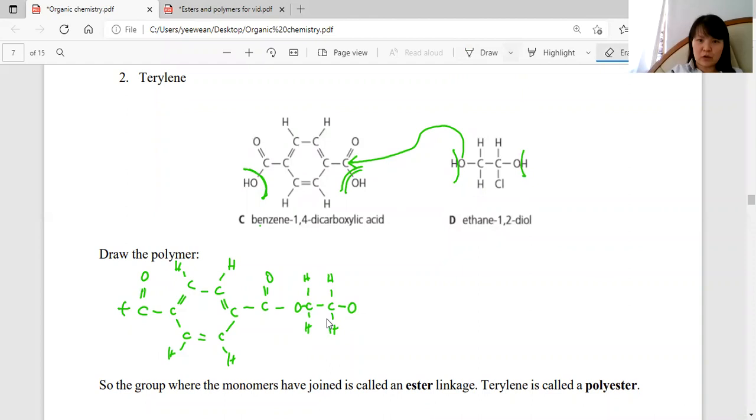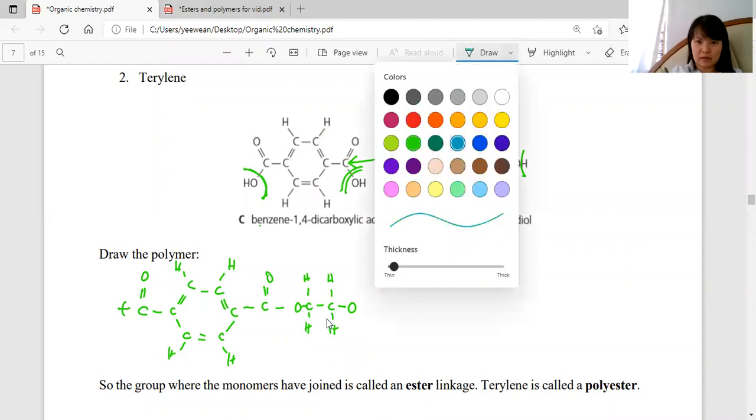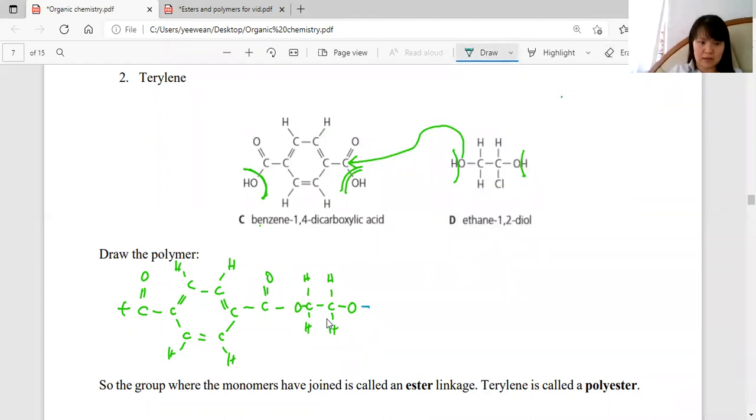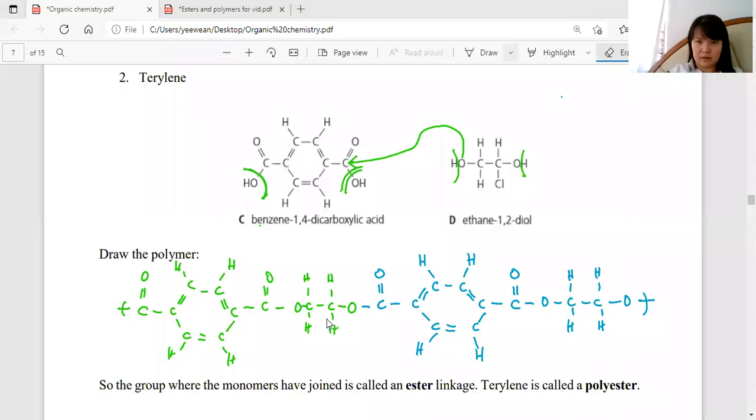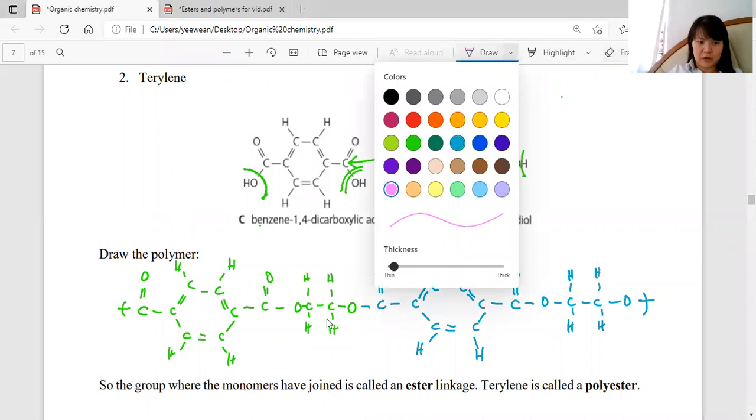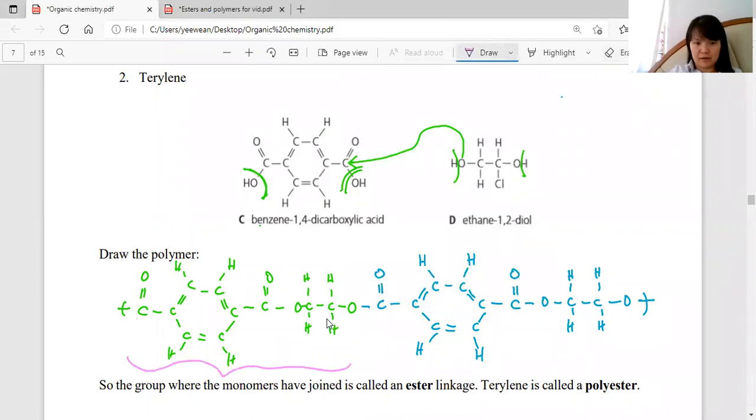Okay, if I want to draw two repeat units, let me change the color. So let's continue from here again. We're just repeating. I will just copy everything all over again, and that is called two repeat units. There you go, two repeat units. So one here and another repeat unit here.